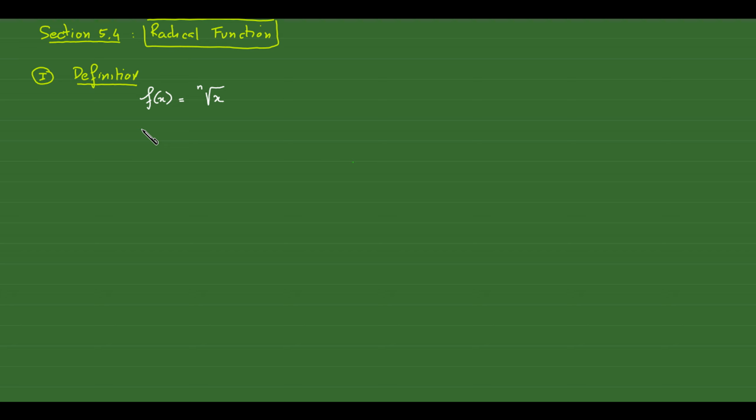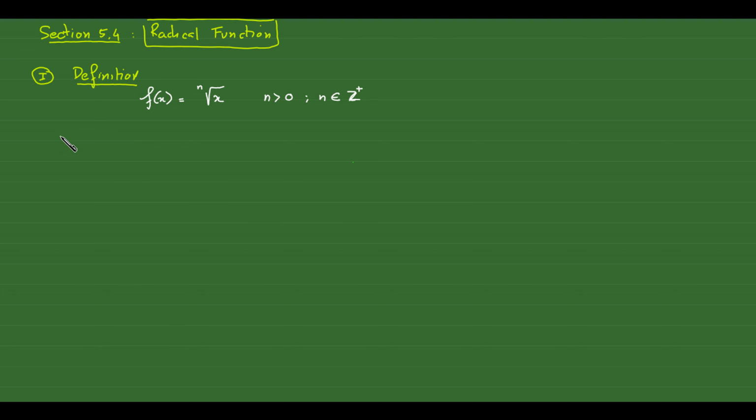Here n is a positive integer. n is always greater than 0, and n is an integer, a positive integer. So n could be an even integer, or it could be an odd integer.